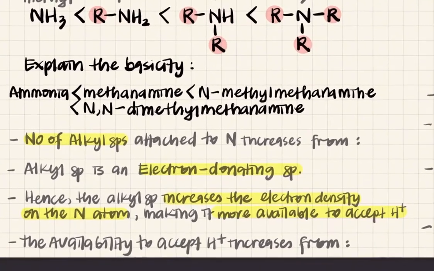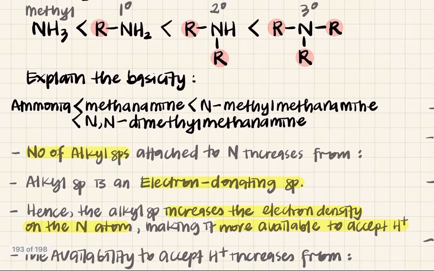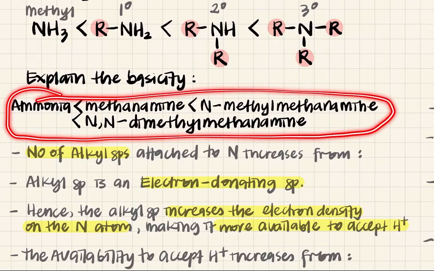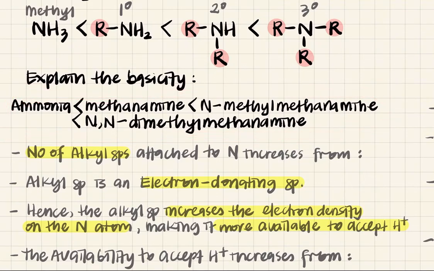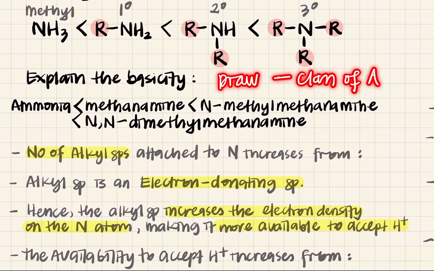So here are the sentences that you can use to explain the basicity of amines in gaseous phase. Kalau awak ada ni, ni saya dah letak terus dia punya ranking of basicity, but in soalan tutorial atau PSPM questions, you have to draw first to see the class of amine.